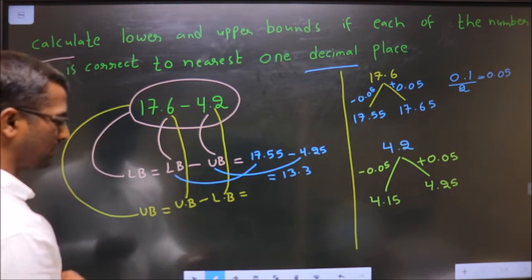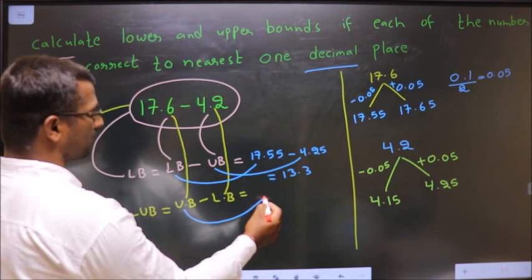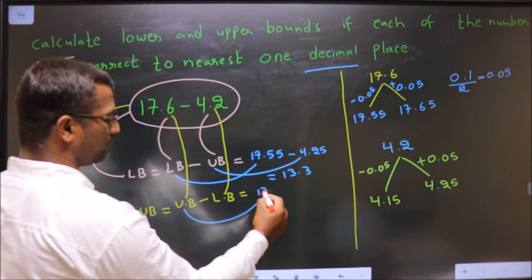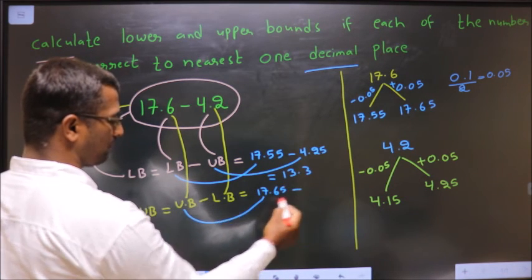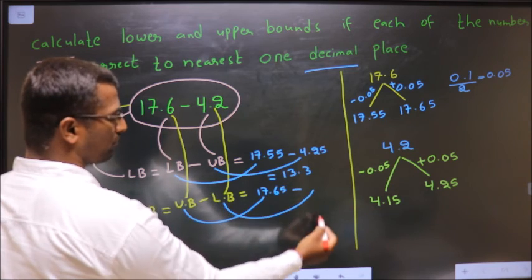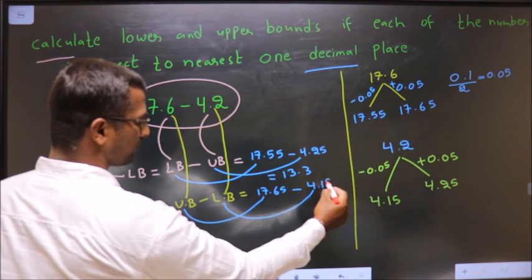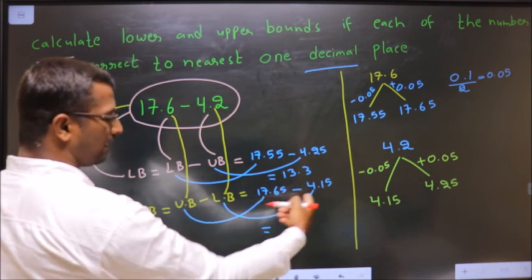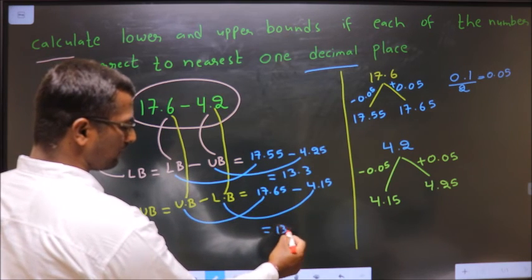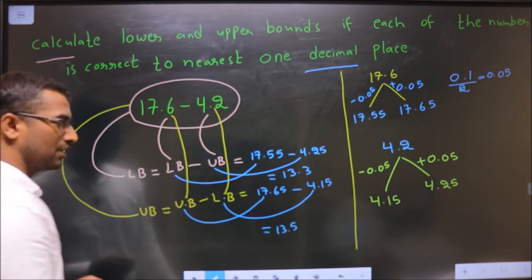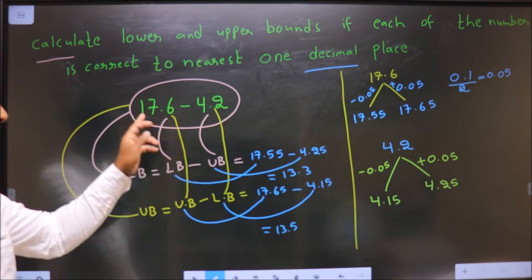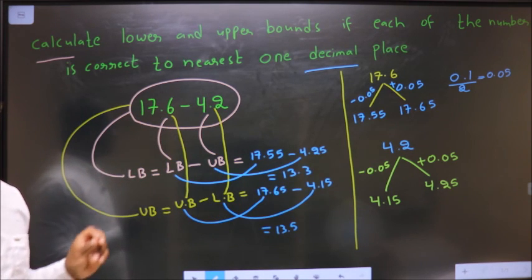Now next, this one. Upper bound of 17.6 is 17.65 minus lower bound of 4.2 is 4.15. Calculate this, you get 13.5. Thus we found lower and upper bound for this one.